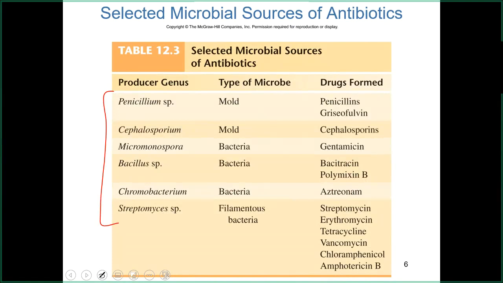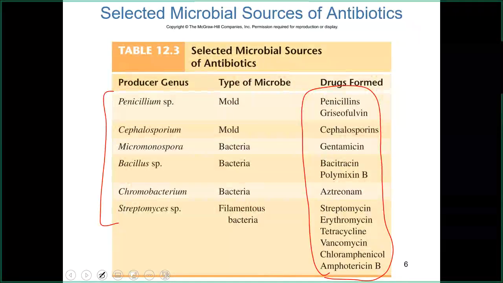Some of the very common antibiotics that many of you have heard of and have taken for infections, or some of you have even administered these, I'm sure. So, bacitracin and polymyxin from the Bacillus species.